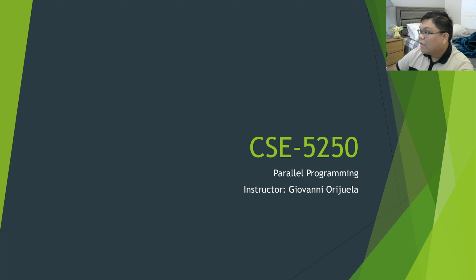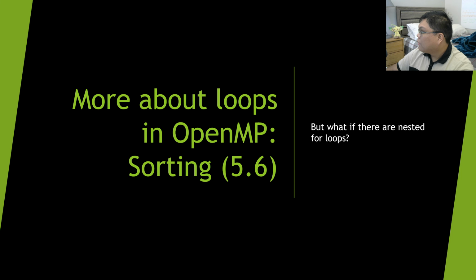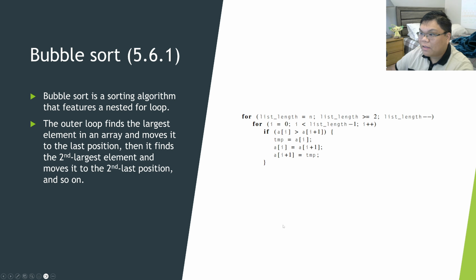The first one is regarding how the parallel for directive divvies up for loop iterations amongst threads. The other one is, what if there are nested for loops? So it's best to show this with a few examples.